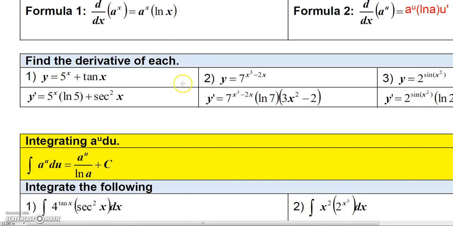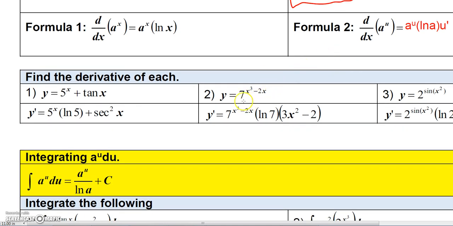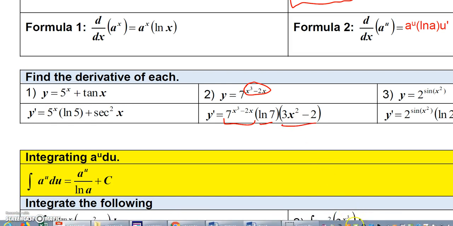So the derivative, using this formula, you would copy the entire function down first, so that would be a to the u, and then you would multiply by the natural log of the base, so by the natural log of 7, and then you would multiply that by the derivative of the exponent. So the derivative of x cubed minus 2x would be 3x squared minus 2. So again, there you have three factors.